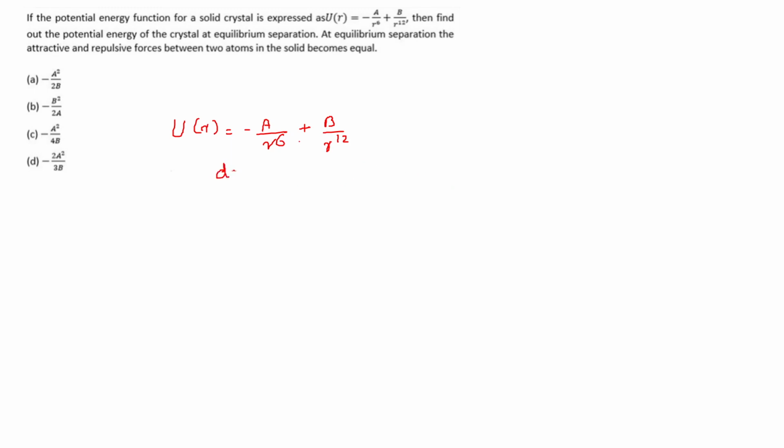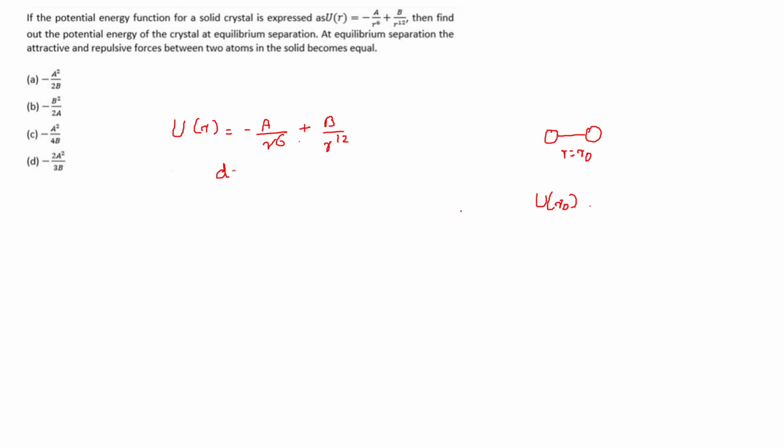So, what is the equilibrium separation condition? When r is equal to r0, we achieve the equilibrium condition. Then the potential energy becomes U of r0.